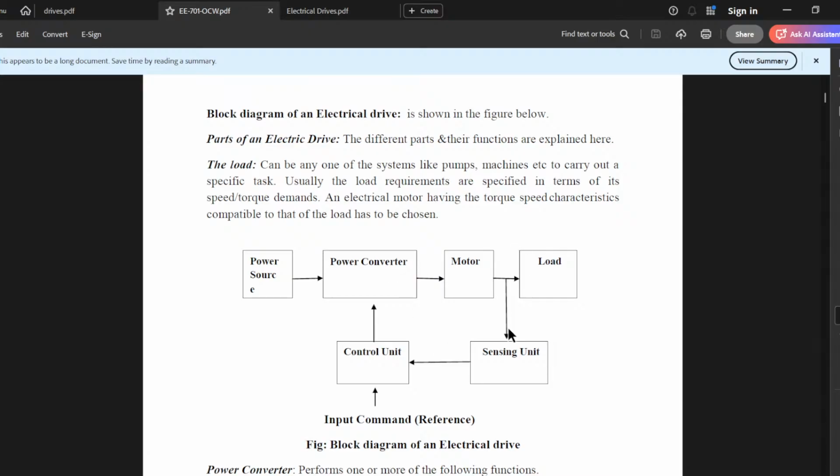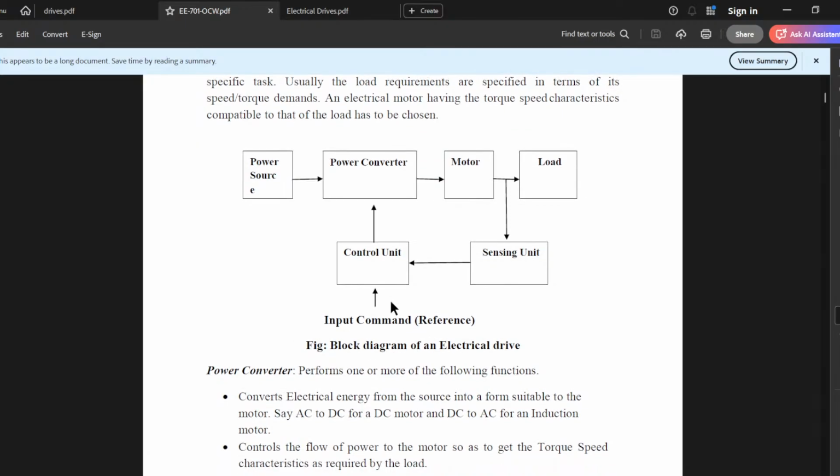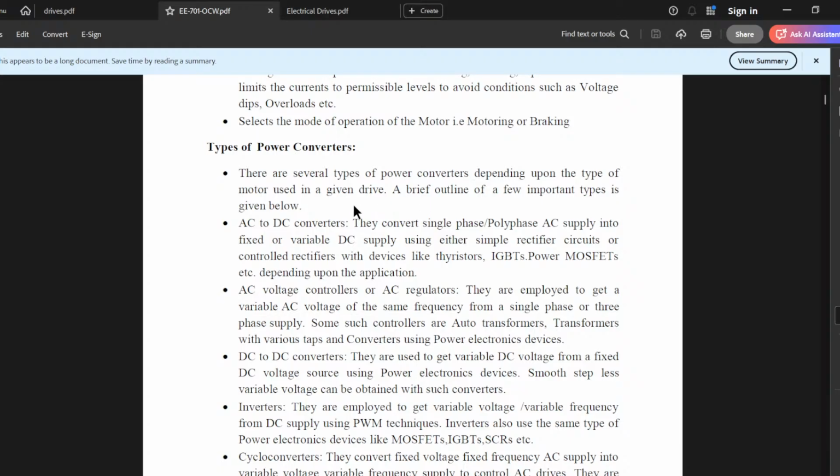Then it will get the feedback and realize we are crossing the line. So it will do braking and reduce the speed to 1100 RPM. That's the example. So that is the function.